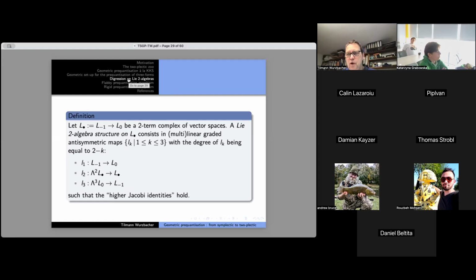Before I go to the analog of the prequantization morphism of Kostant and Souriau, which I will also recall, I will speak a little bit about Lie two-algebras, because at least for now, the best we have in multisymplectic geometry, instead of an honest Poisson algebra of observables, is Lie n-algebras for n-plectic manifolds, which are nice and sexy, but they don't have the good properties one would want.